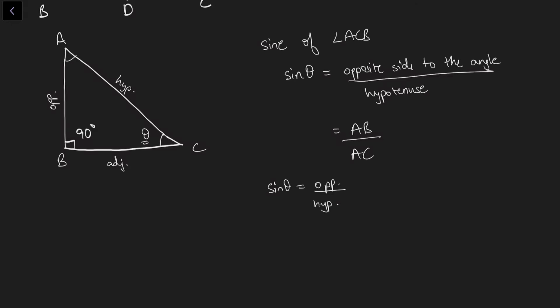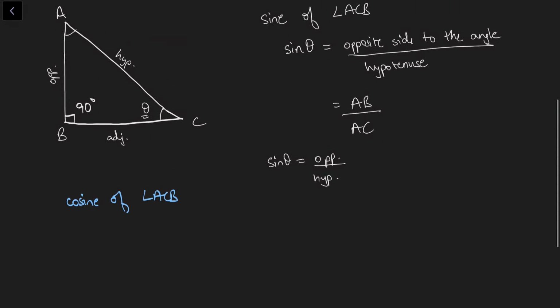Now the second function is cosine. So the cosine of angle ACB, let's write in a different color there. Okay, so cosine of angle ACB. So over here you have cos of theta, that's the short form.